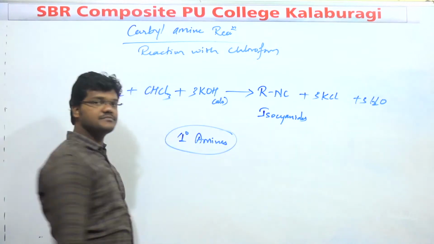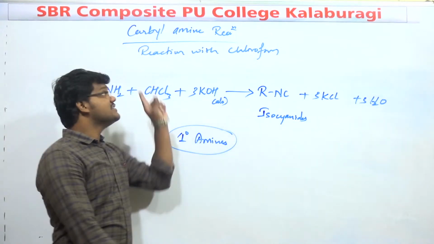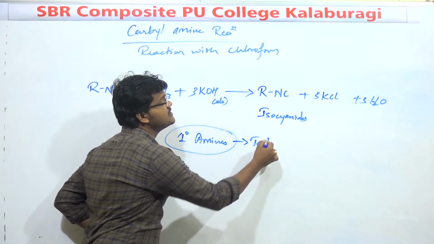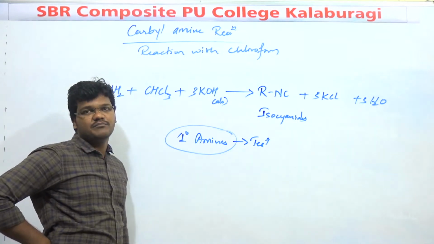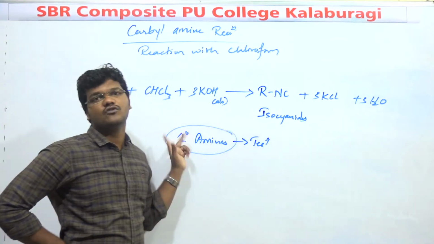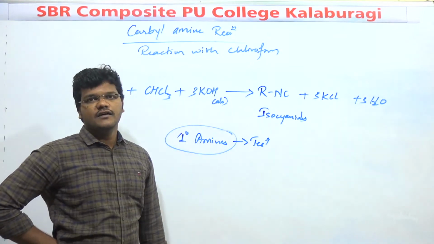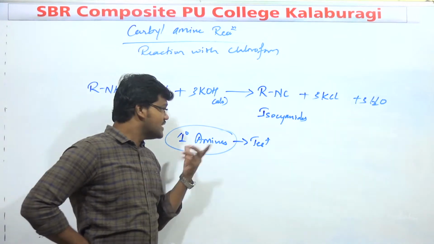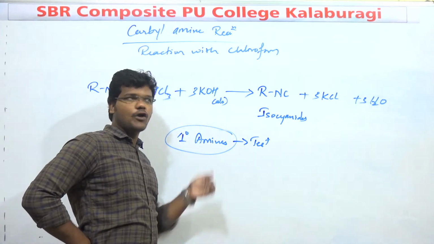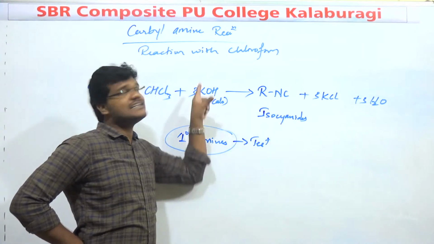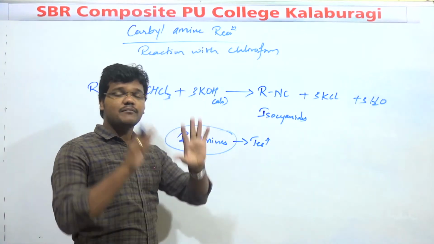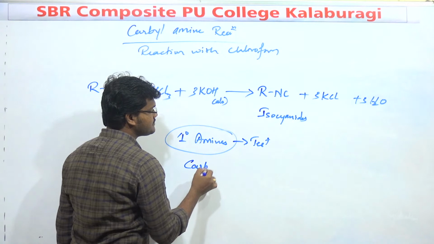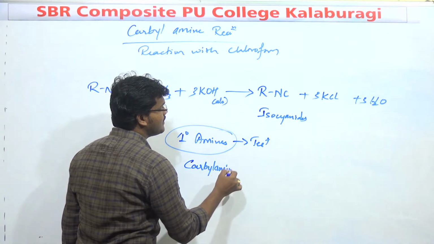So this reaction is used as a test for primary amines, because only primary amines will form isocyanides with chloroform and KOH. No other amines will show this reaction. That is why it is easier for us to distinguish primary amines from secondary and tertiary amines. So this is a distinguishing test. It is not only the carbylamine reaction, it is also called the carbylamine test.